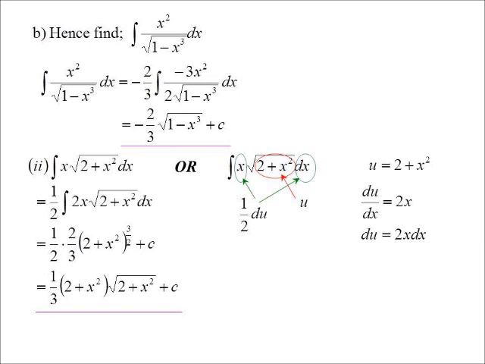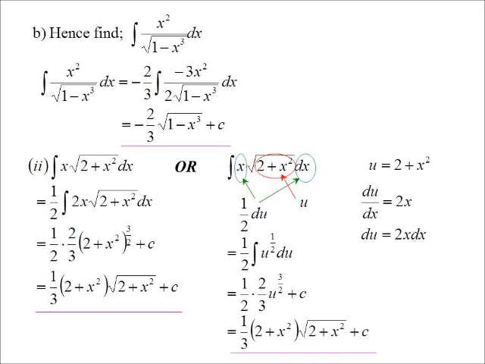So I can change this to be a half u to the power of a half, and then go and integrate that. That's a very simple one, it's just a single pronumeral. So add 1 to the power over the power. But of course we don't leave it like that, because the original question didn't have u. We've got to get the x back in there. So subbing back in for u, 2 plus x squared, and we come up with the same answer.